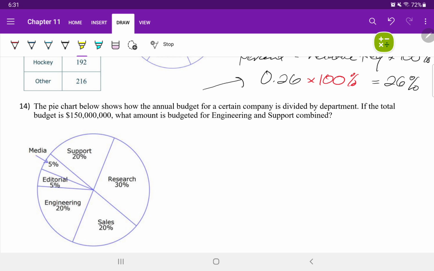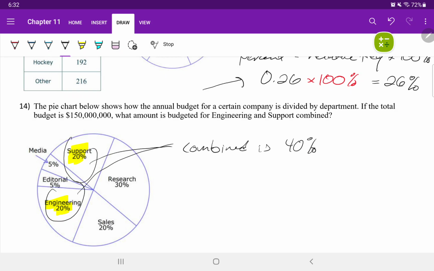Okay. Engineering is 20%. Support is 20%. 20%, 20% combined is 40%.